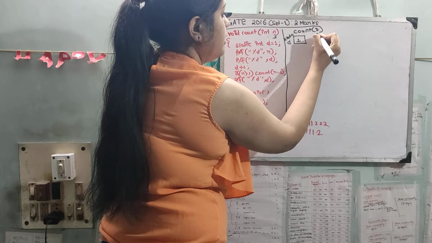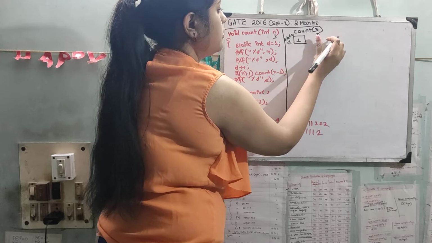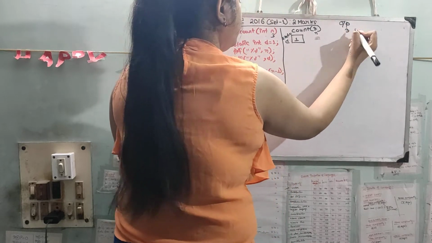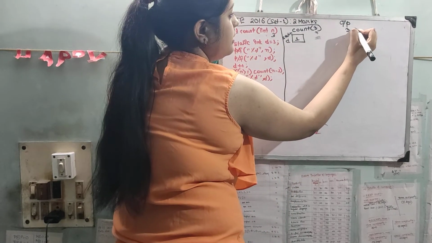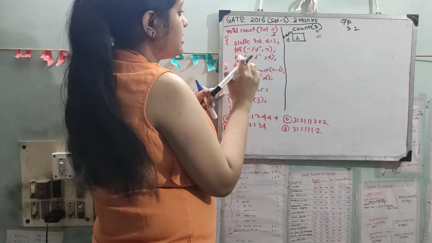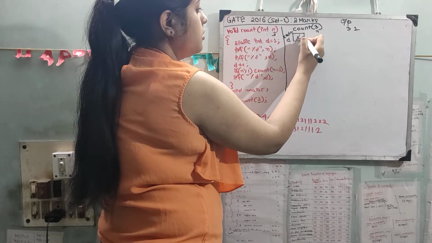So now n is 3. So let's write here the output: 3 is printed, d is printed, 1 is printed. Now d is incremented, d plus plus, d is incremented to 2.